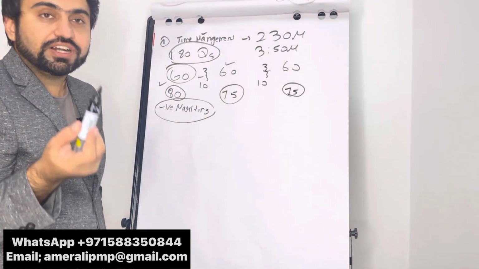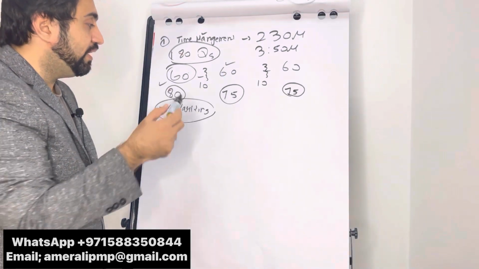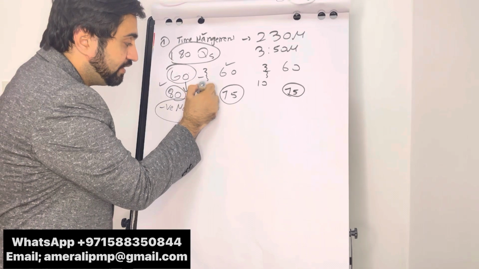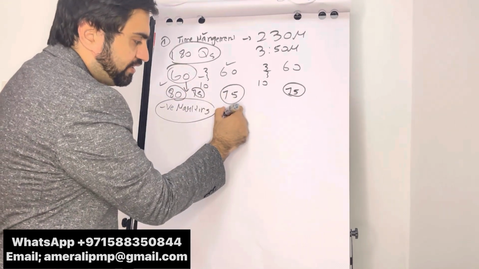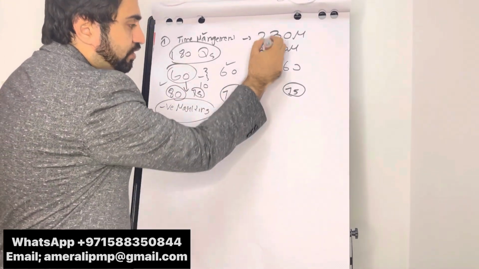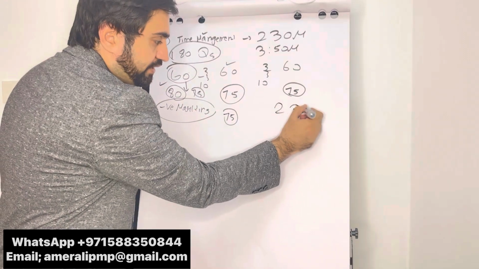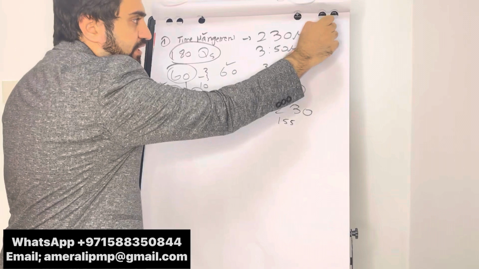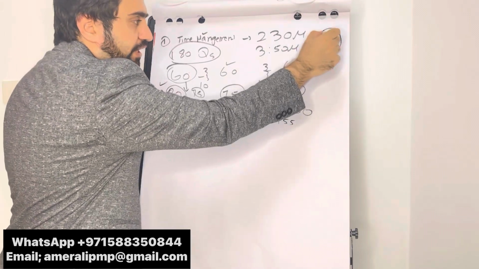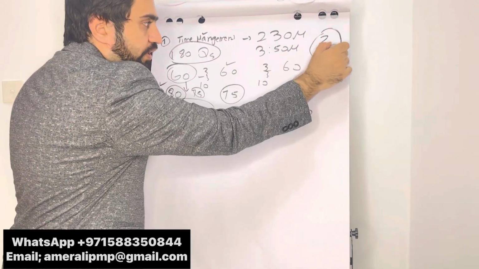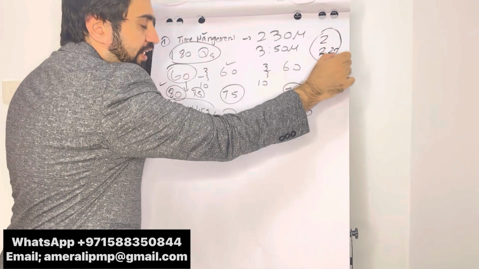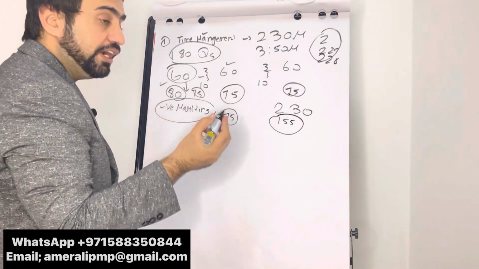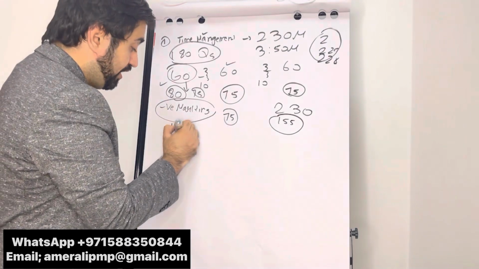They will not cut your marks. So let's say you are reaching 75 minutes, which means if the total timer was 230 minutes, you are at 155 minutes remaining. On the left side, the timer will be showing the time like 230, 229, 228 and things like that. So you are at 155 minutes remaining and you still have 10 questions left.